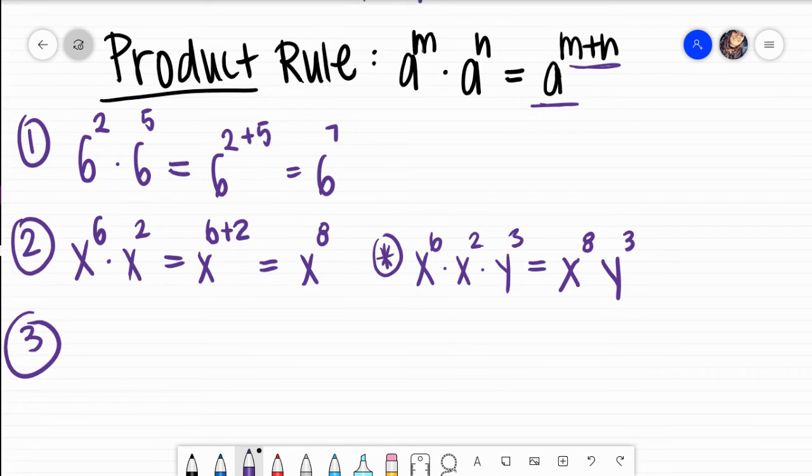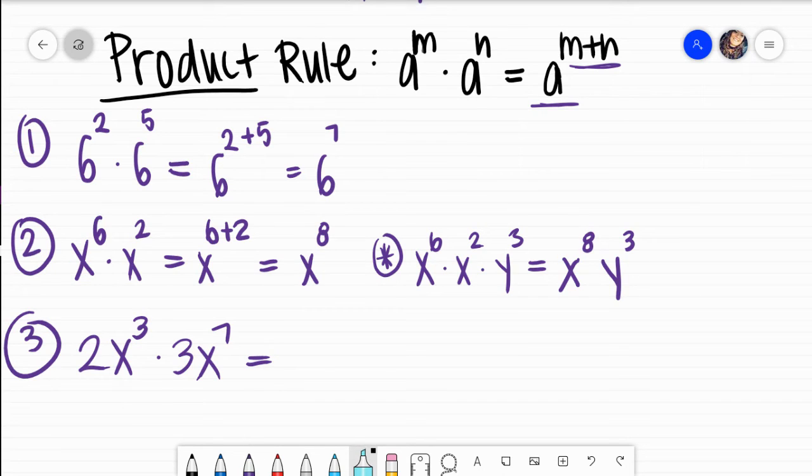Now what about this problem? Say we have 2x cubed, and then we're going to multiply that with 3x to the 7th power. The product rule is applied to your variables.